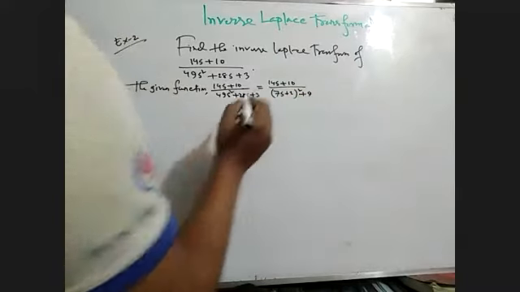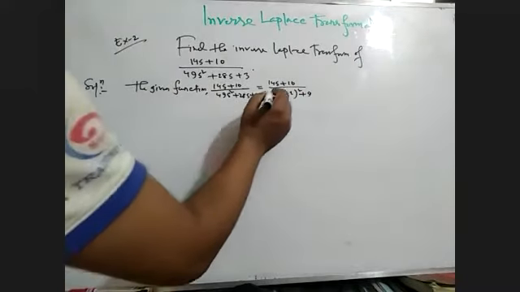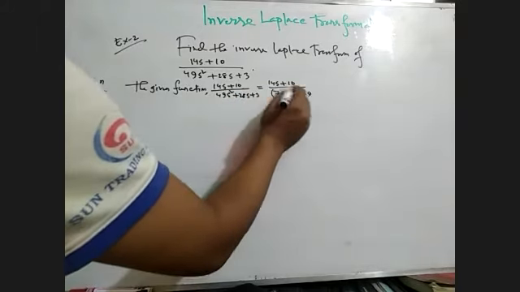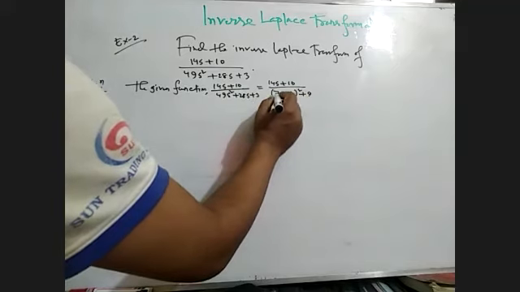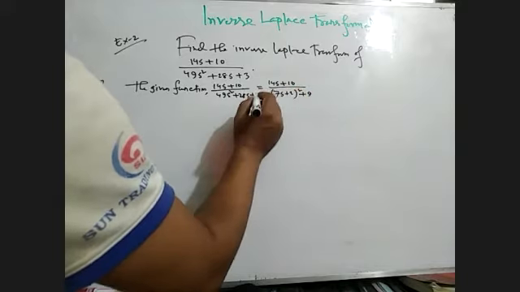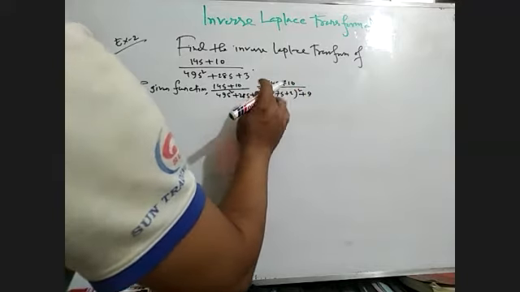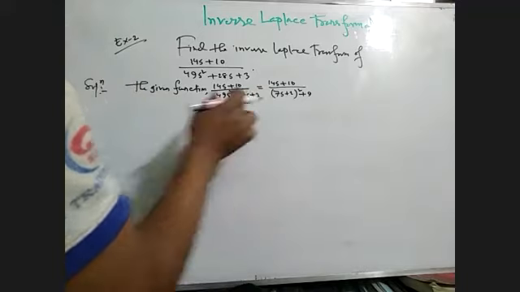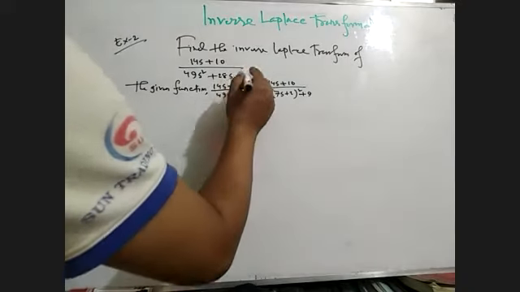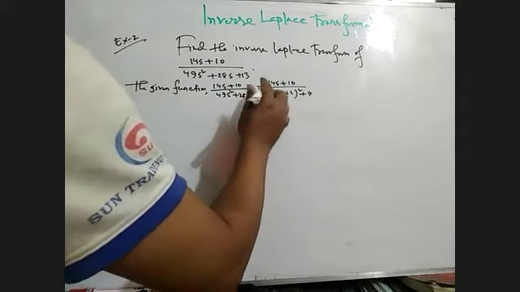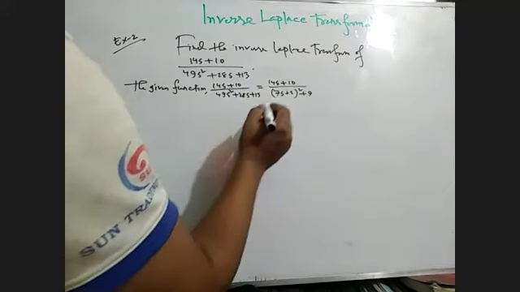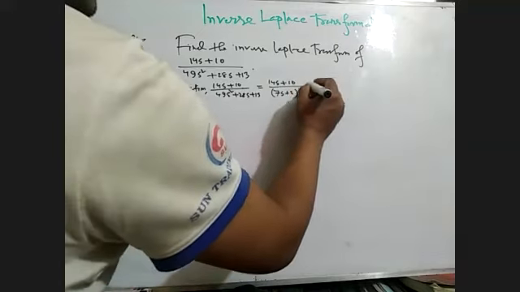Using the (a plus b) whole square formula, 7s whole square means 49s square, twice ab is 2 times 7 times 2, which gives 28s, then 2 square is 4. So here we get only 3. Sorry, this will be 13. So from here we get 4, and 4 plus 9 is 13.